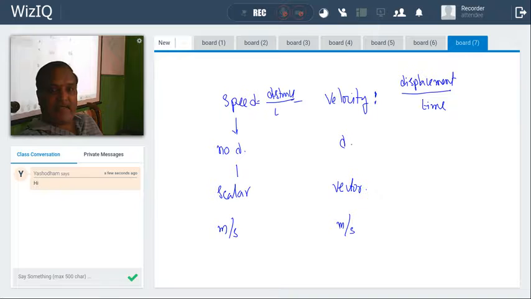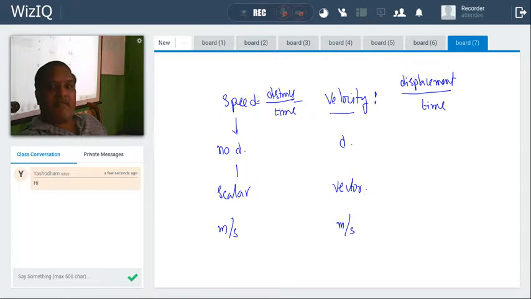Distance by time. You understood the difference between speed and velocity? When it comes to speed, we use the distance. When it comes to velocity, we use displacement. As the displacement has direction, velocity also has direction.